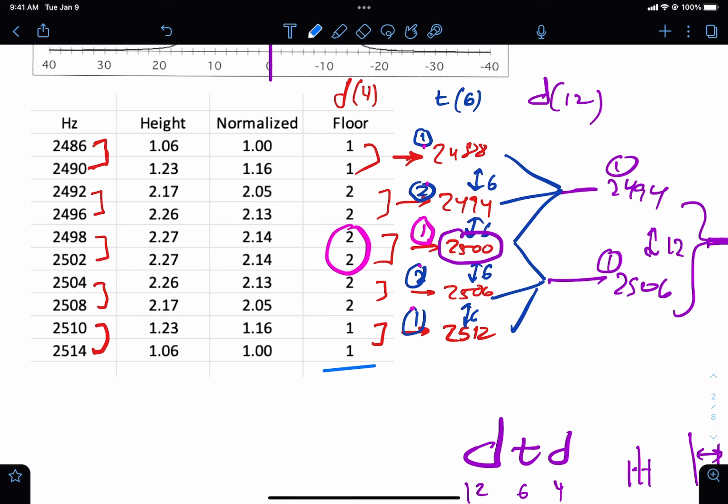And this is 16. These integrations add up to 16. Now, what we want to know is, what is n if 2 to the n equals 16? Well, of course, n is 4. What does that tell you? That tells you that there are 4 interactions.